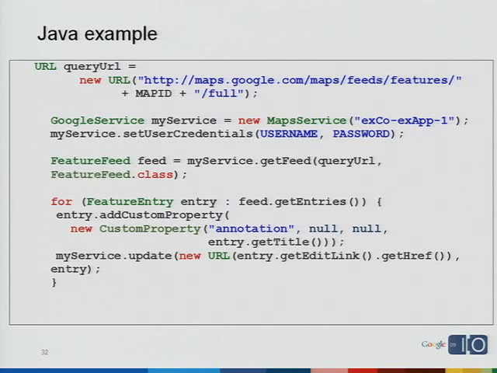This isn't going to be very fast. If you really wanted to do this in practice, it would make much more sense to use the batch operations. And there's information available on code.google.com, slash I think APIs/GData, that tells you how to use batch operations.